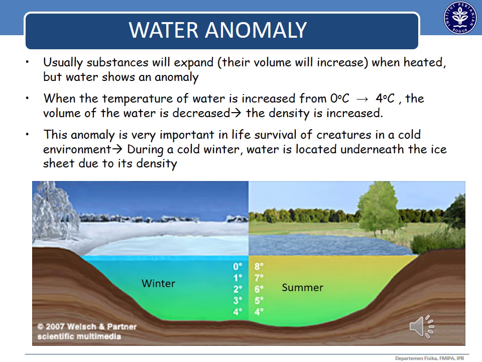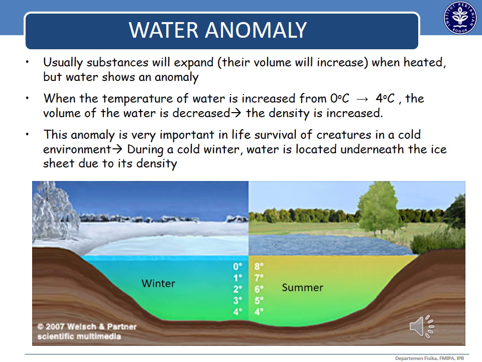You see in the picture below on the left side, the water at 4 degrees Celsius stays at the bottom because it's heavier as compared to the water at 2 degrees Celsius or 1 degree Celsius. And the surface of the lake is covered by ice. Ice has a smaller density as compared to the water.